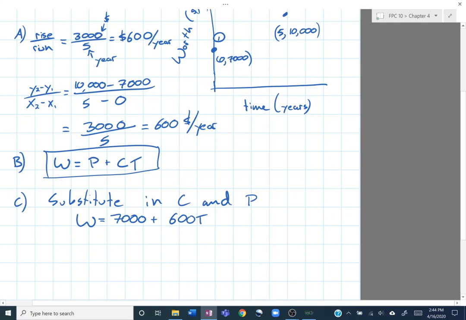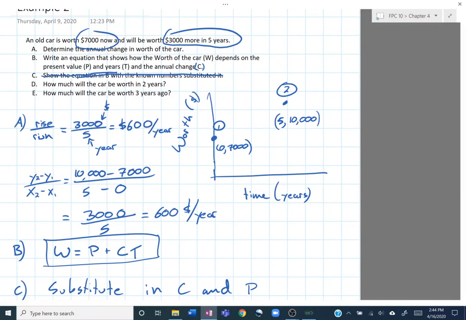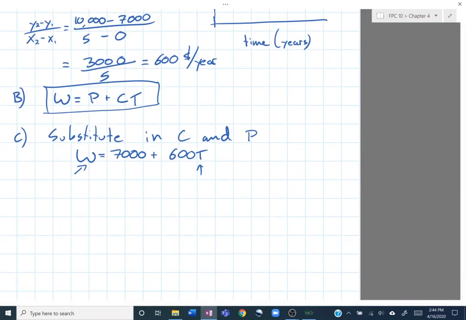I end up with this really nice equation that now, given any time at all, I can find out how much this car is going to be worth, which is super convenient because D asks us how much the car is going to be worth in 2 years.